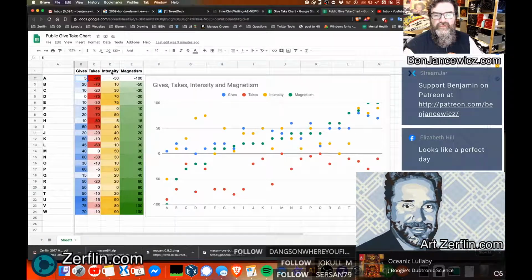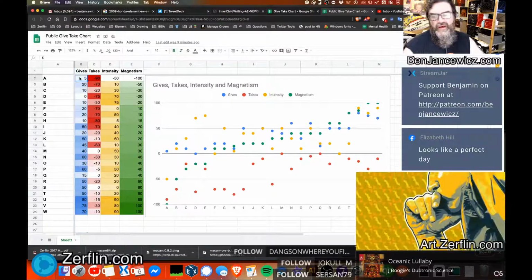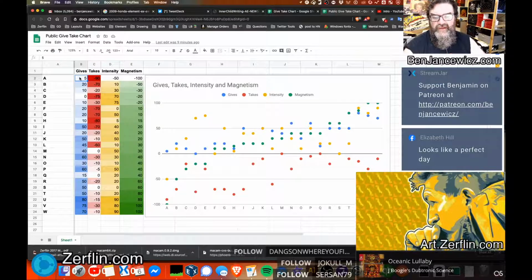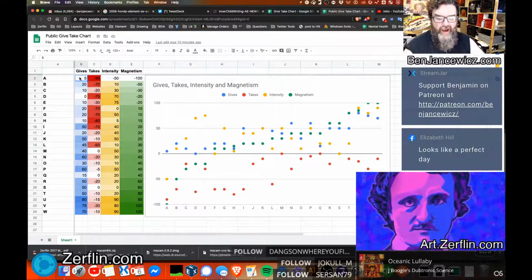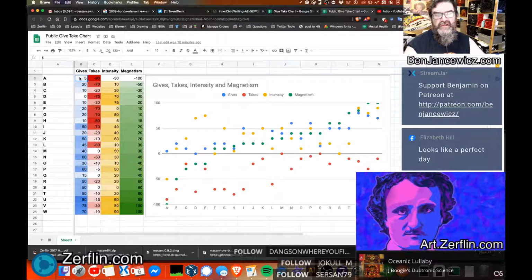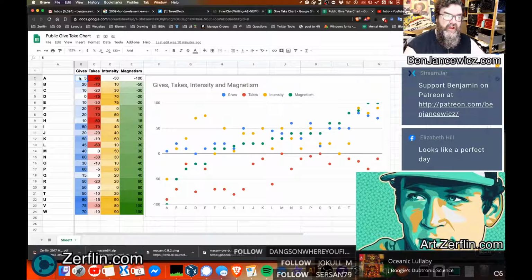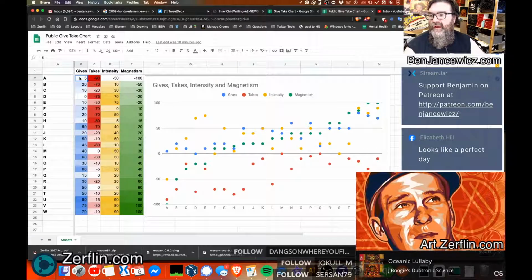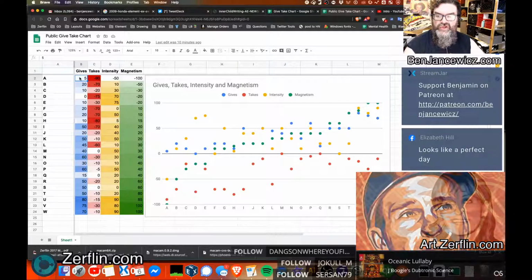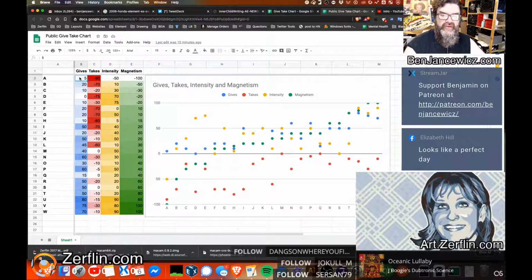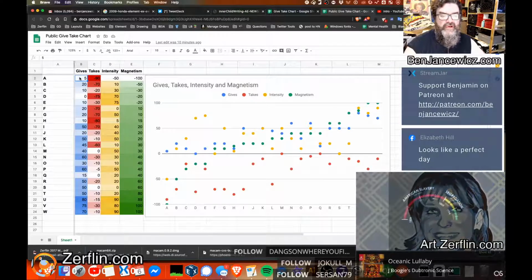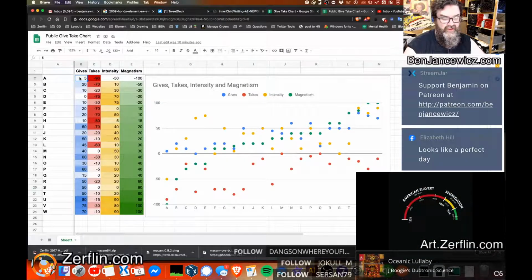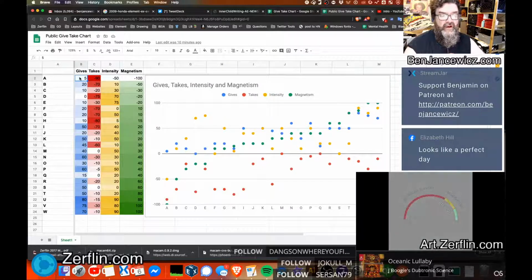So the give column is pretty self-explanatory. On a scale of 1 to 100, how much that person gives to you. And it's open-ended on purpose. It could be how much the person gives in their time, how much that person gives in their emotional support, how much that person gives in gifts.